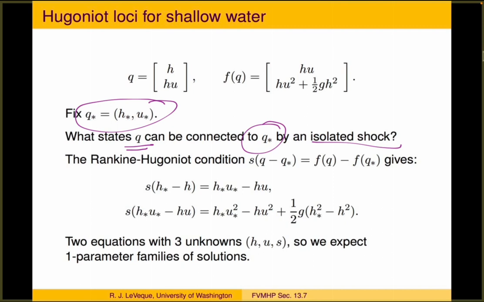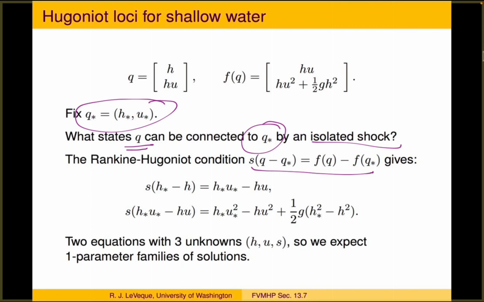Just as in the scalar case, we'll also have to worry about whether it really should be a shock wave or should there be a rarefaction wave instead. But to start with, we'll just impose the condition of what states we can connect to Q star by a discontinuity that satisfies the Rankine-Hugoniot condition, which again is written here.